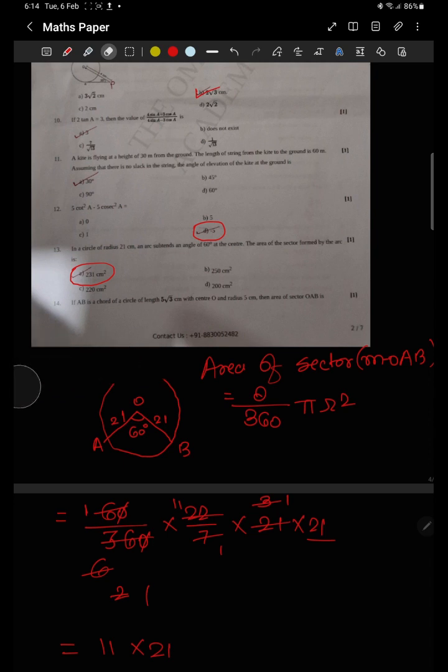Understood? Next question. Question number 14. Now check again, I'm going to draw a diagram. AB is a chord of a circle, I'm going to draw a bit of a big diagram.